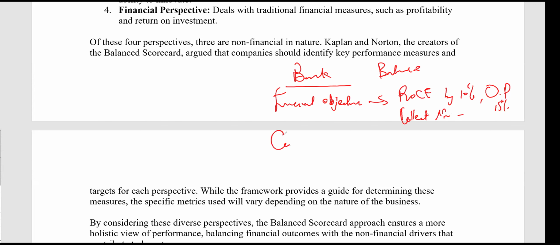When I come to the customer perspective, how can I boost customers or get customer attraction? Maybe introduction of a mobile feedback system, right? Instead of people coming to queue, we can introduce a mobile app. Do you guys get it? Reducing queues in the bank, would that help?